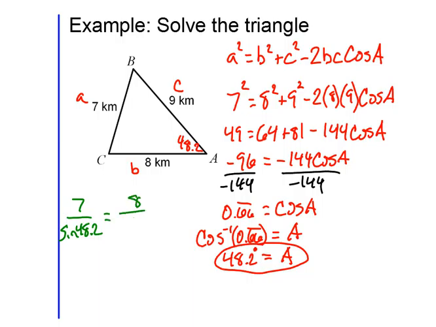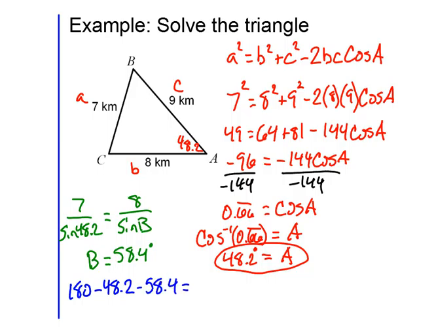So let's put 8 over sine B. This gives me an answer of 58.4 degrees. And just like before, take 180 minus our 48.2 and minus our 58.4 will give me my angle C, 73.4.